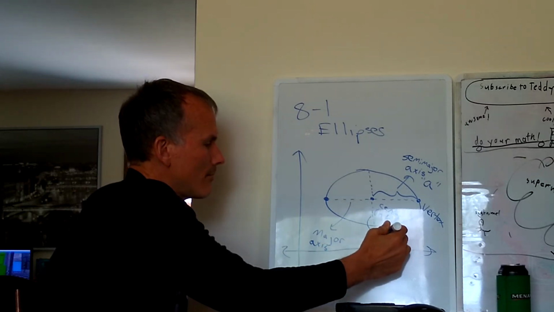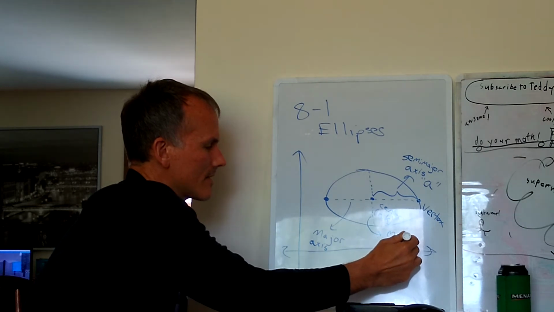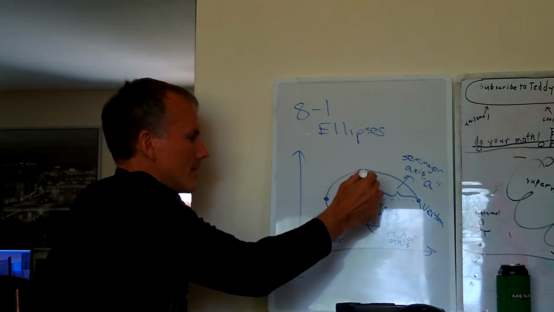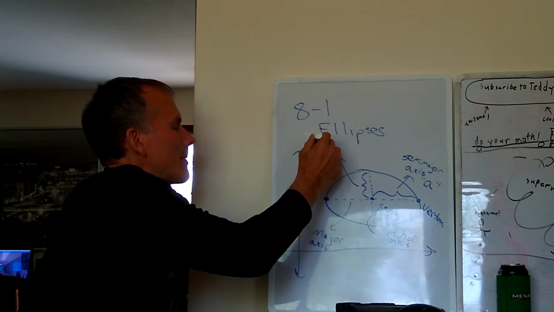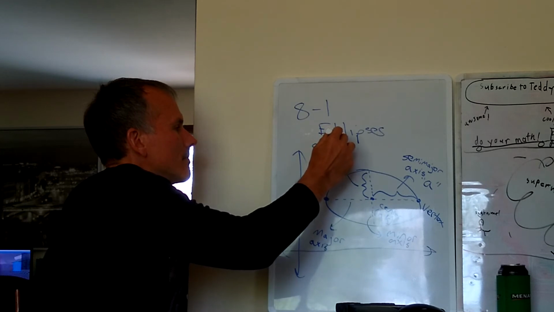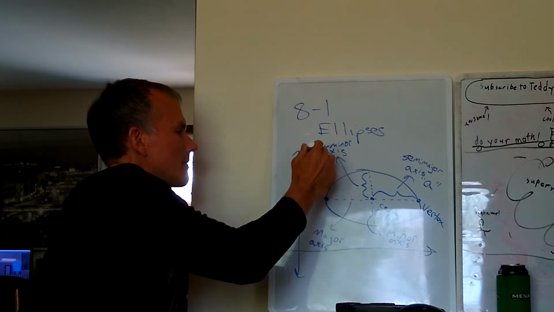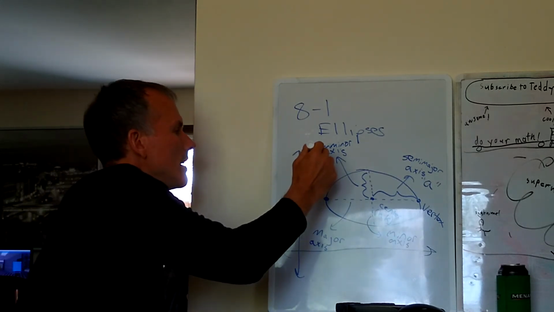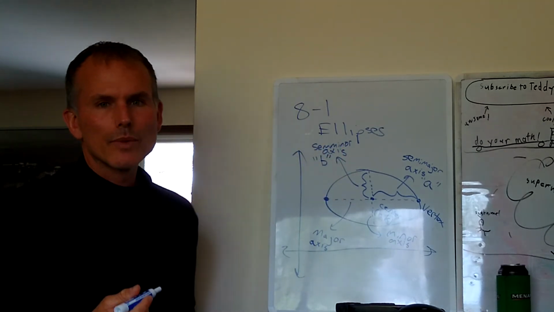So this is called the minor axis. And then, of course, half of that is called the semi-minor axis. And it has a letter that always represents its length. The length of the semi-minor axis is represented with a lowercase b.